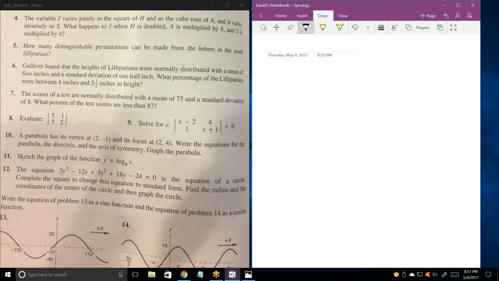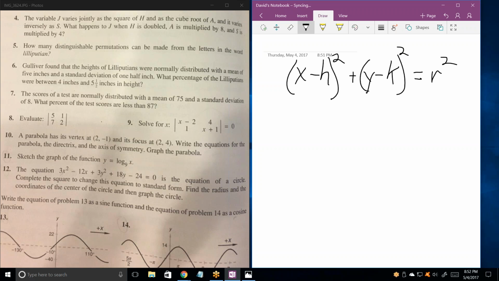So, they're telling us it's a circle, and they want the equation. Well, what's the general format for the equation of a circle? It starts with (x minus h) squared plus (y minus k) squared equals r squared, the radius of the circle squared.